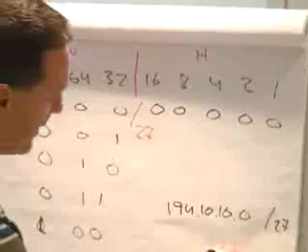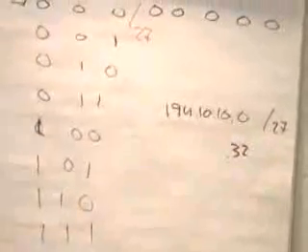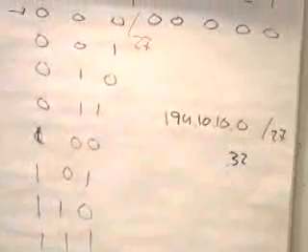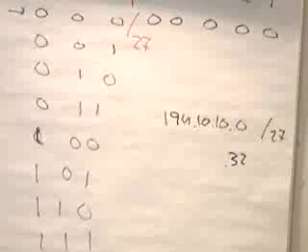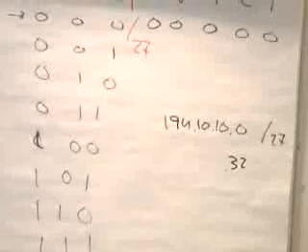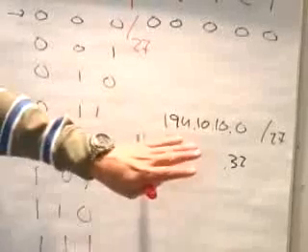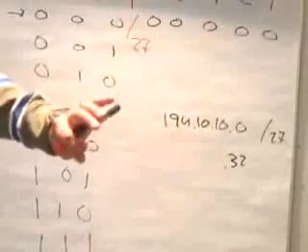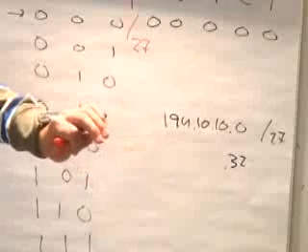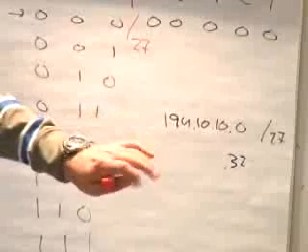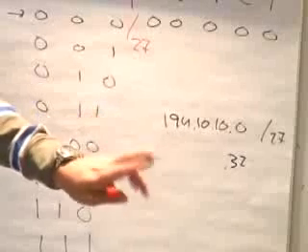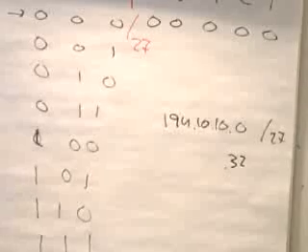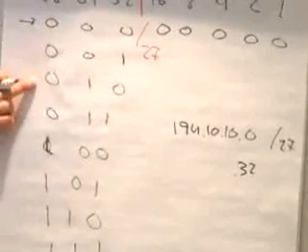So the next network would be 194.10.10.32 with a 27-bit mask. It's a network. You cannot put this IP address on a PC. It's a network address. Same as 194.10.10.0 with a 24-bit mask. It's the network address. What will be the next network?